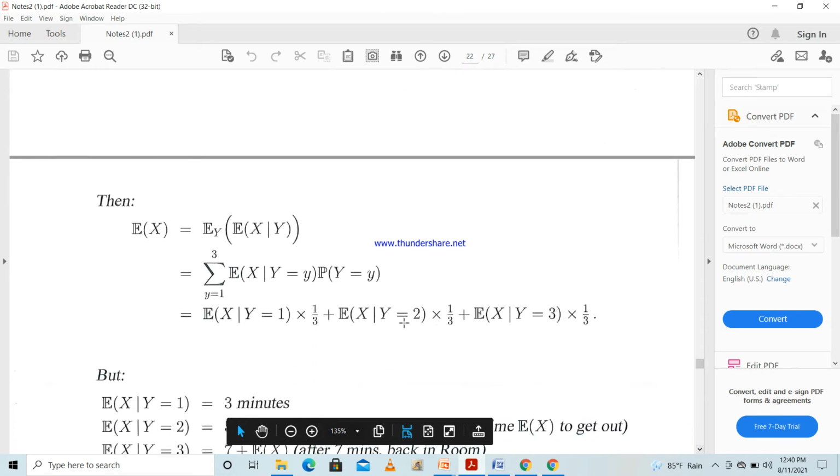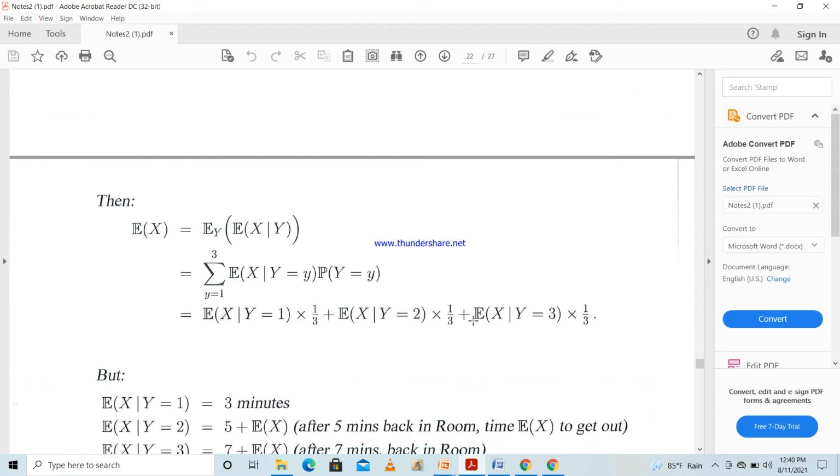So we can substitute the probabilities: the expected value of X given Y equal to 2 times 1 over 3, plus the expected value of X given Y equal to 3 times 1 over 3.